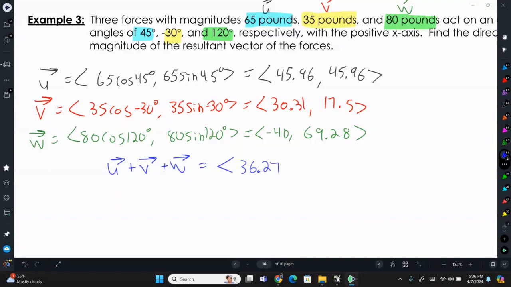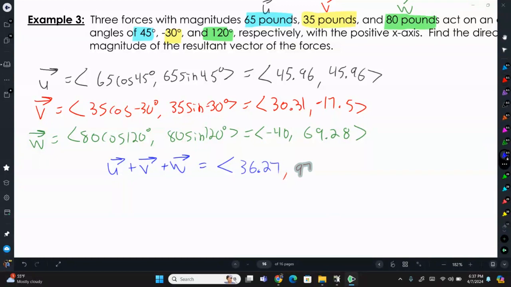And if I do the y parts, 45.96 plus 17.5 plus 69.28. So this should be negative 17.5 there. I missed it reading it from my calculator. So now if we add up all the y components, we get 97.74.